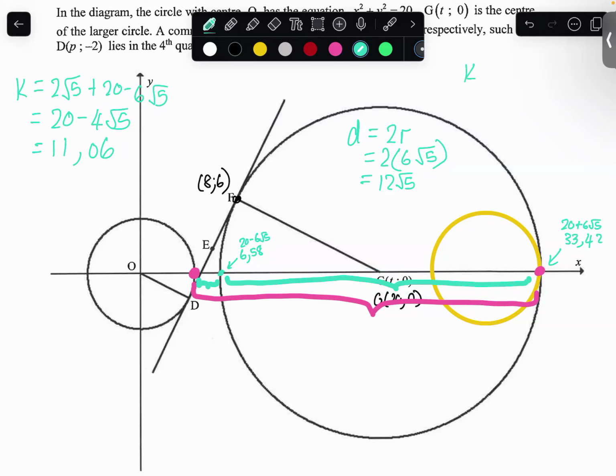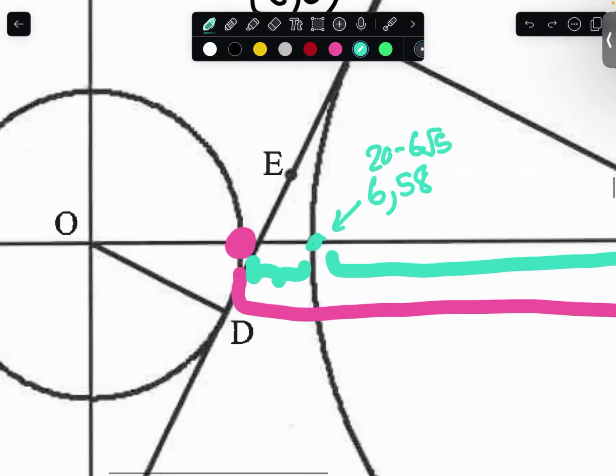So K is going to be equal to 12 root 5 plus this small distance. And that's what I need to figure out right now. So to get that small distance, this is what I'm going to do. I know that this total distance is 6.58. It's 20 minus 6 root 5.